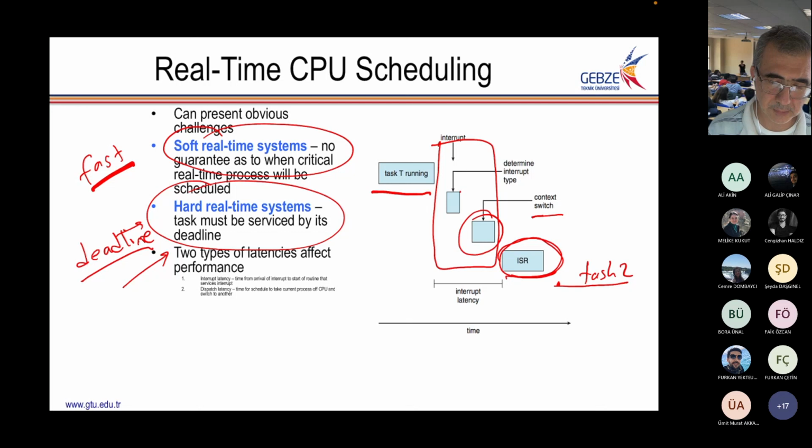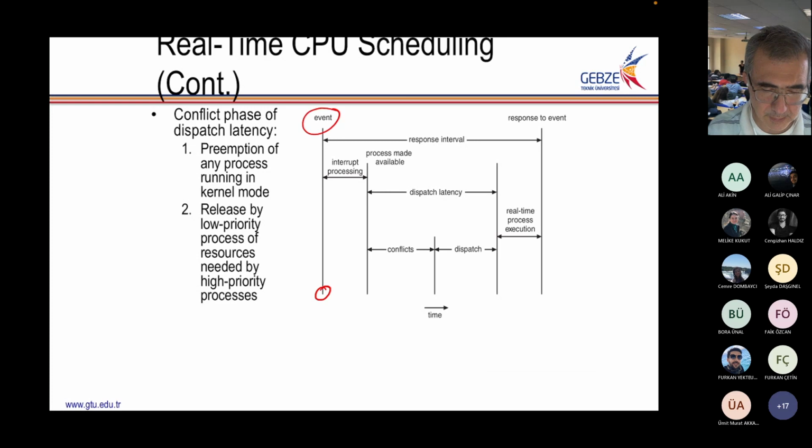So in real-time systems, there are events and responses. Something happens and I have to respond to it in a maximum amount of time. That amount of time should be limited because that event can happen again, just like rotating an engine, or a picture coming from the camera. So the response interval is limited.